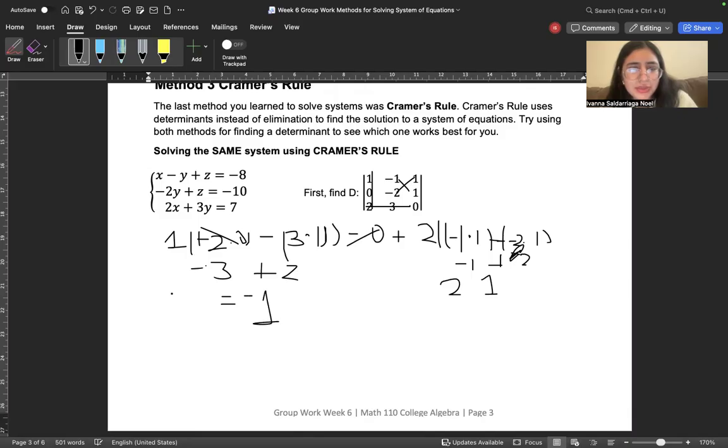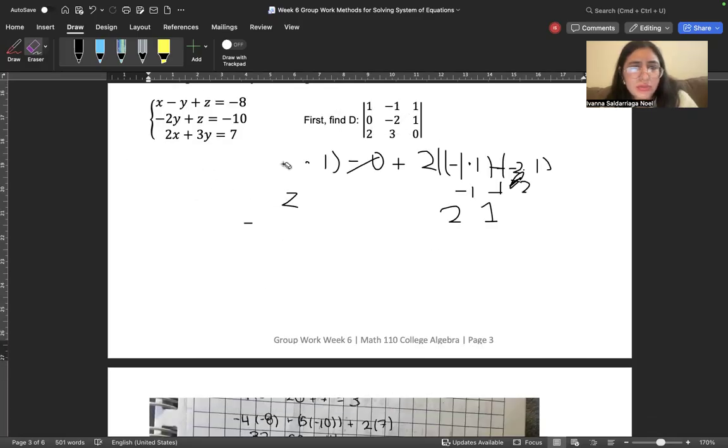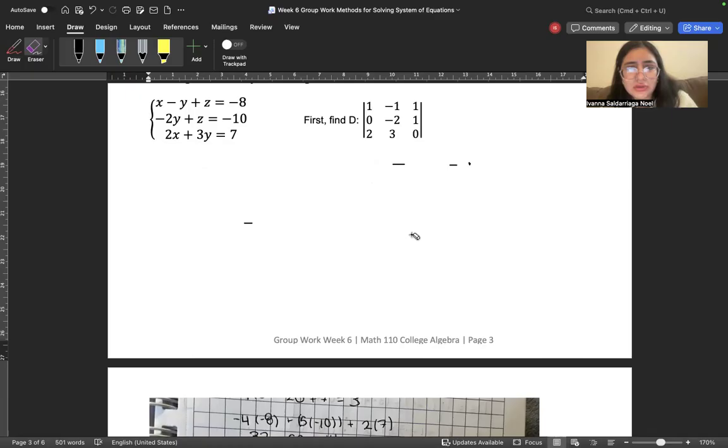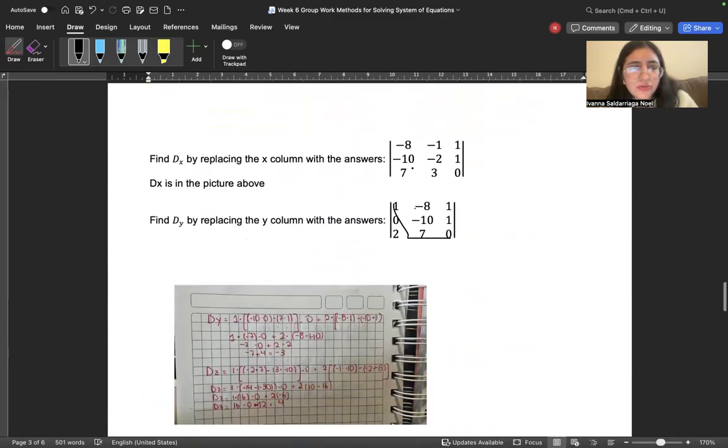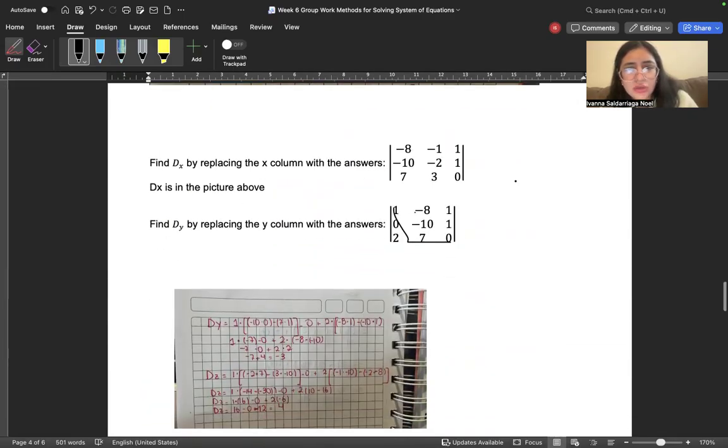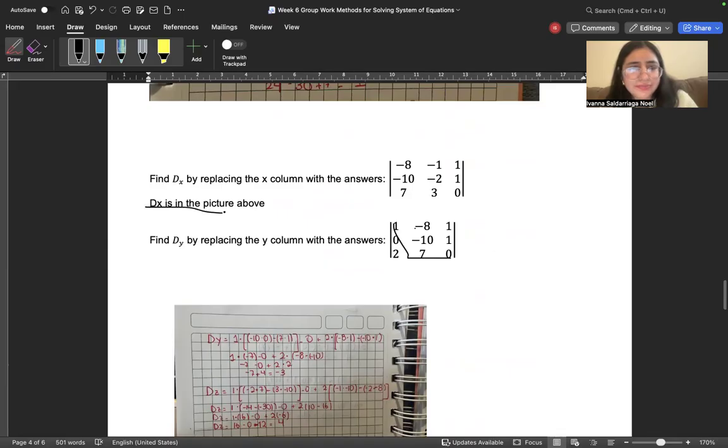So the determinant is minus 1. Perfect. So I have the procedure here. And now D is minus 1. Okay, here's the procedure. So for X, I'm gonna pretend this is not here.